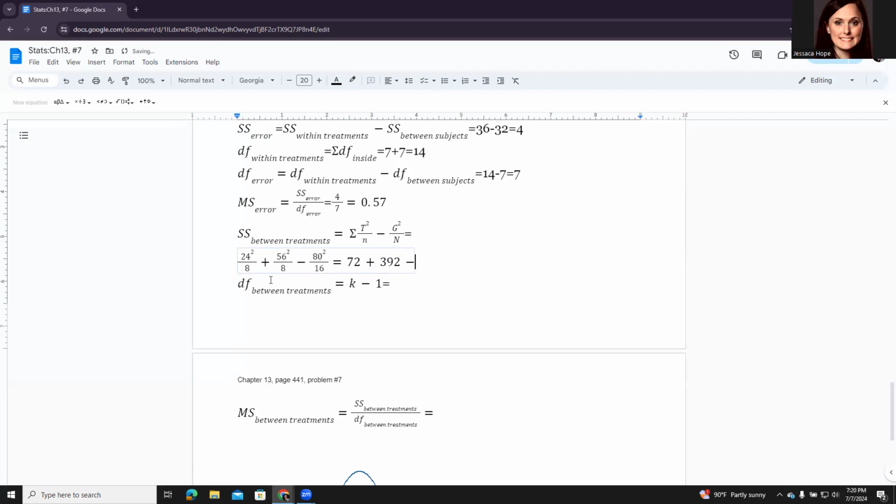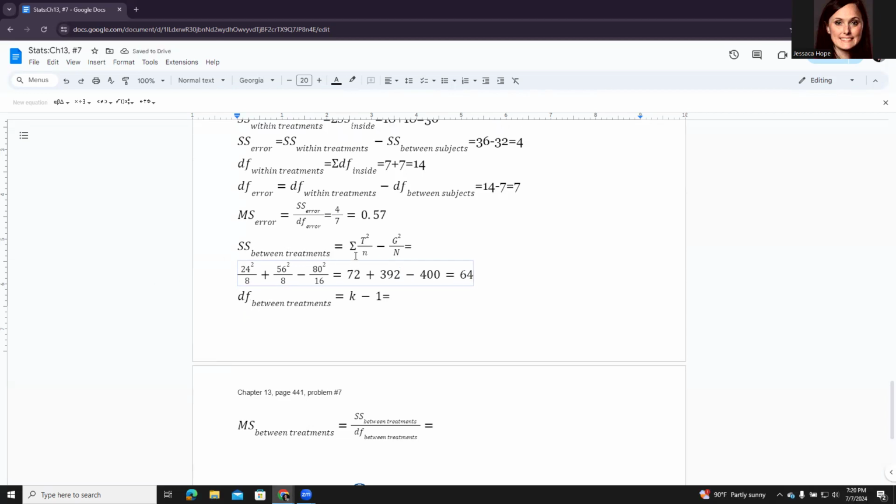And then minus 80 squared, which is 6,400, divided by 16 is 400. 72 plus 392 is 464, minus 400 is 64. So SS between treatments is 64.